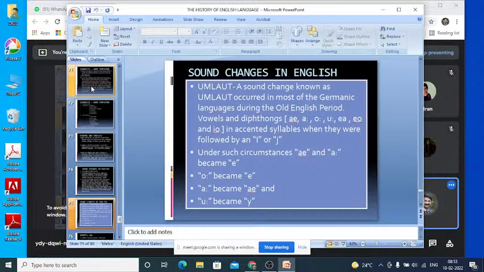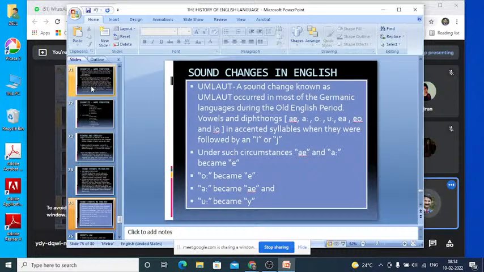It happens not only in the English language, it happens in most of the Germanic languages. This is a common feature, and from that you can understand that all these languages come from a common ancestral language family.